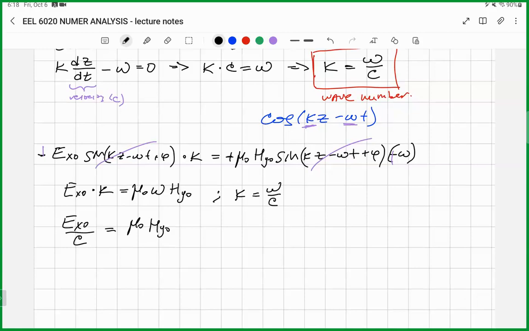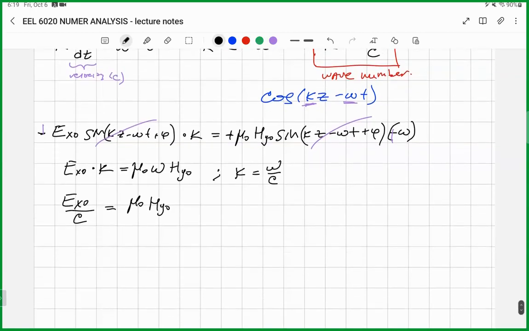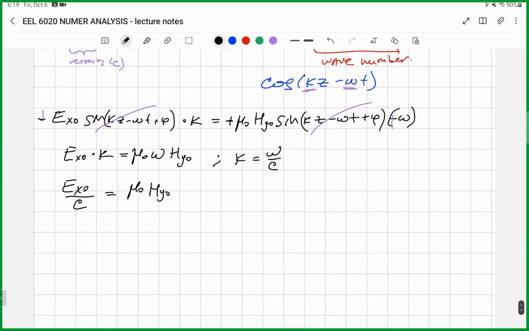Here I can, for example, find the electric field amplitude, which is equal to c mu 0 times the H amplitude. We can frame this formula.